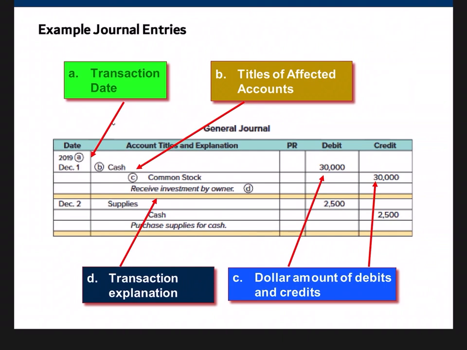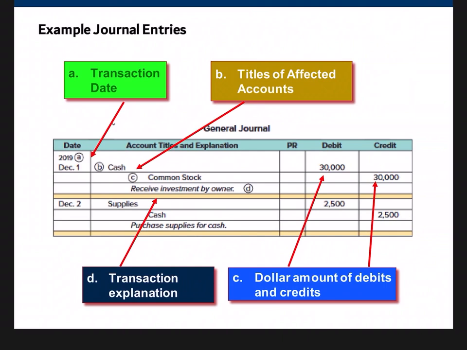In total, the debit and the credit columns are still going to balance. They both have $30,000 of entries at that point. That's the rule. So it doesn't have to be a perfect 30 and 30. It can be a 30, a 25, and a 5, but the fact is the debits and credits must always equal.